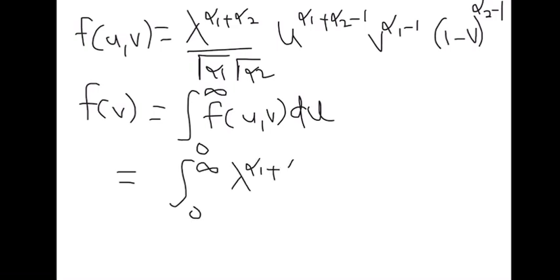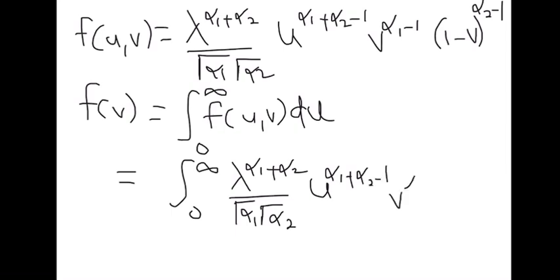So what I'm going to do now, I'm going to write the integral from 0 to infinity, lambda raised to power this, gamma alpha 1, gamma alpha 2, u raised to power alpha 1 plus alpha 2 minus 1, v raised to power this, and 1 minus v raised to power alpha 2 minus 1, du.